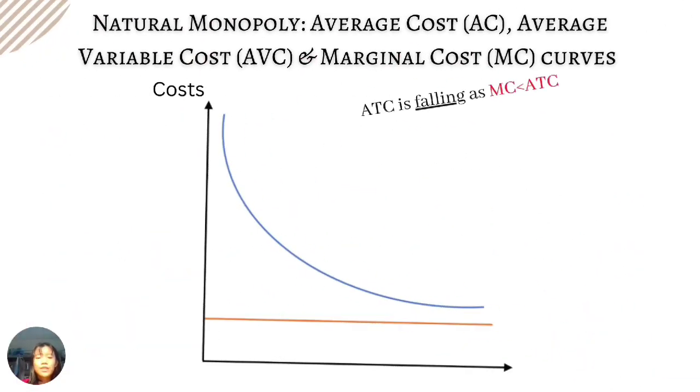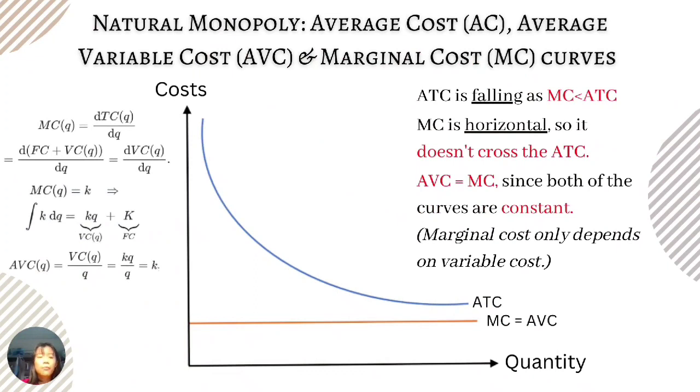So let us see the cost curves for a natural monopoly. The ATC, the average total cost curve of a natural monopoly, is falling because the marginal cost is smaller than the ATC. It means that the cost of the last additional output is going to pull the ATC downward.